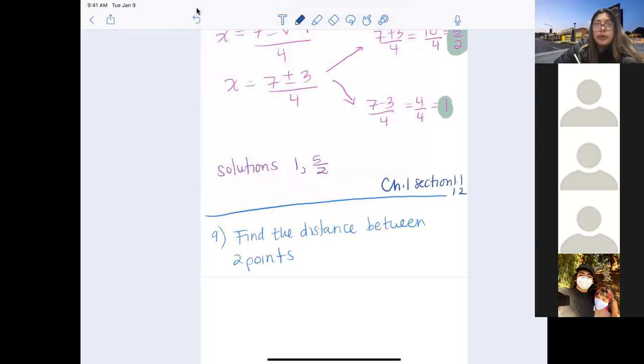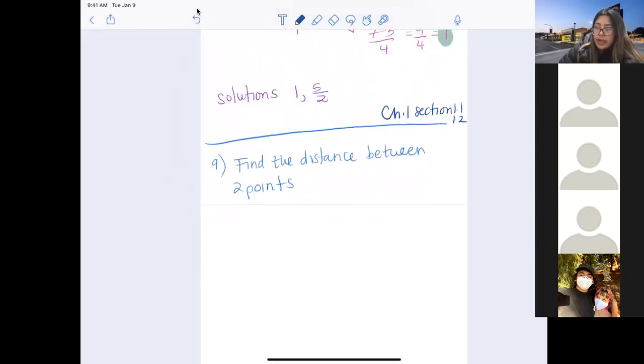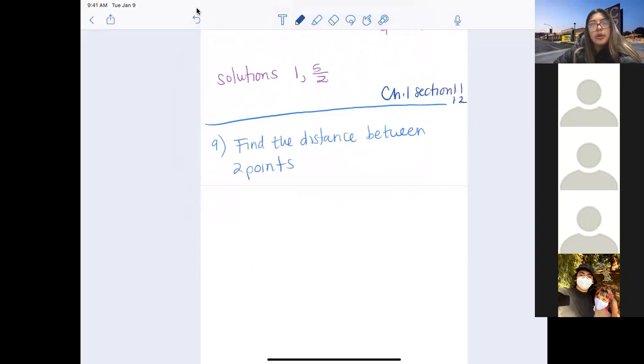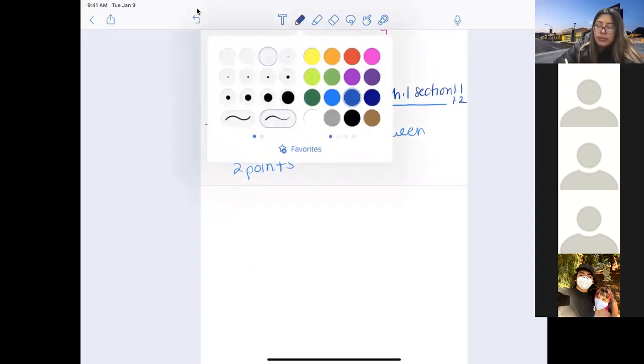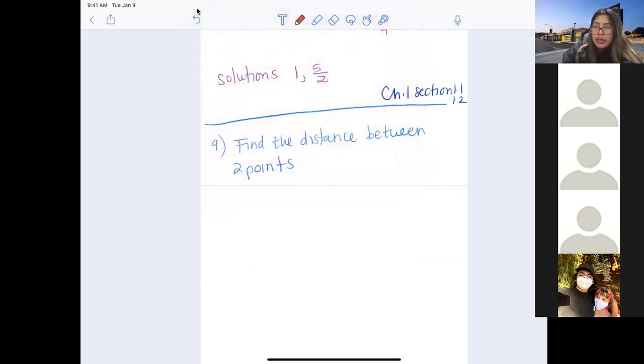So I'm going in order. What we're going to do right now is chapter 2. Chapter 2 starts with the distance formula. So find the distance between 2 points. Let's say P1, the first point, is 5, -2. Point 2 is 3, 6.